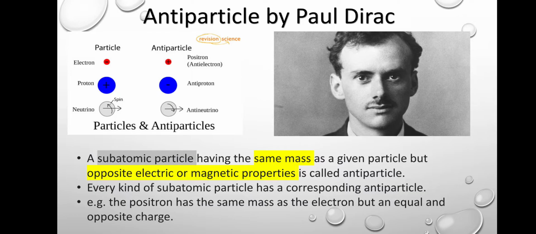We have particles like electron, proton and neutrino. The opposite of a particle is an antiparticle. More about this you'll study in your higher classes. So an antiparticle is nothing but the opposite of a particle. The electron will become the positron, so the positron is the anti-electron. That is an antiparticle, the opposite of a particle. Understood? Proton will become anti-proton. Neutrino will become anti-neutrino.